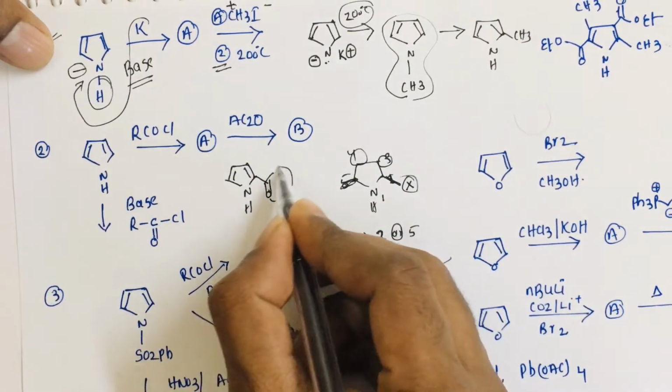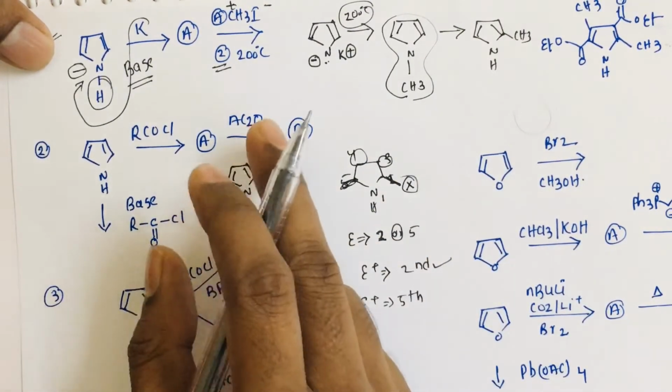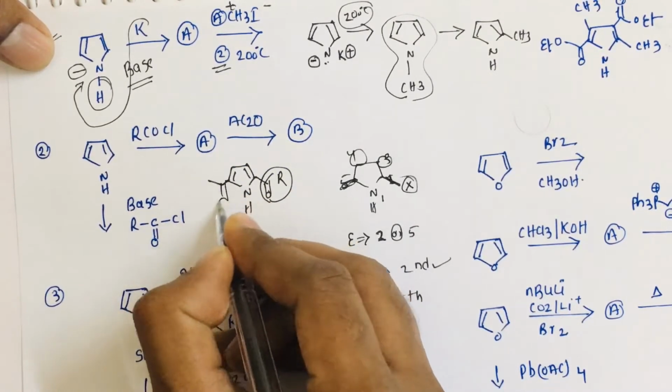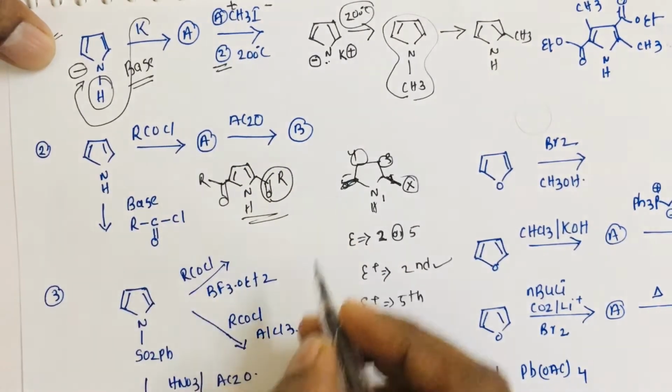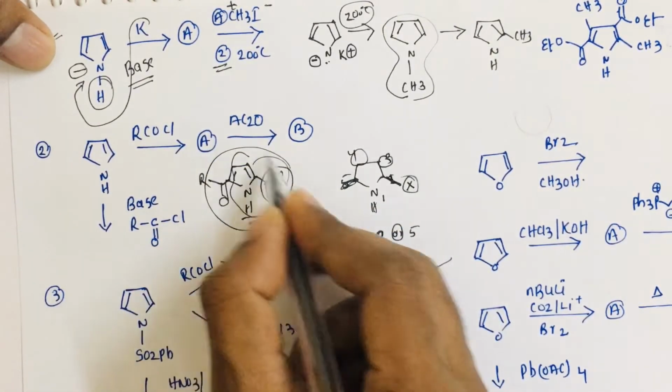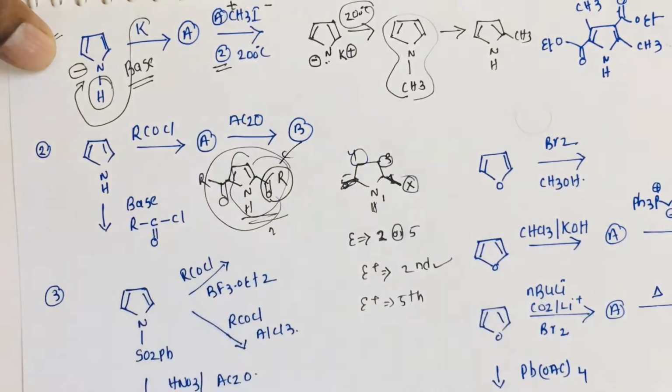So here the second position is already occupied. Now the electrophile has to go to the fifth position, that's here, and this is COR. So this is the A product, and this two-acyl-group compound is the B product.